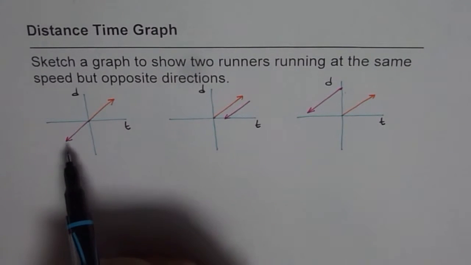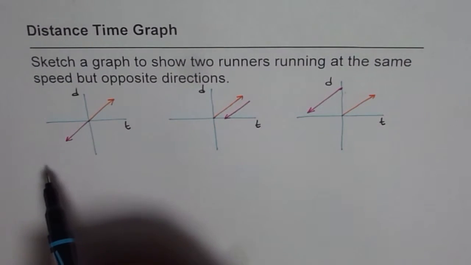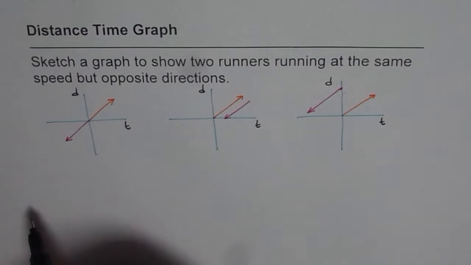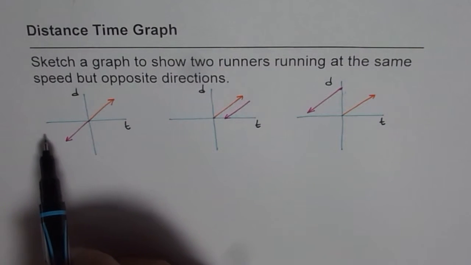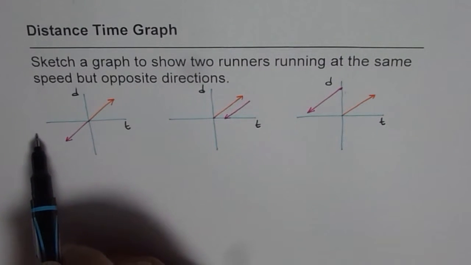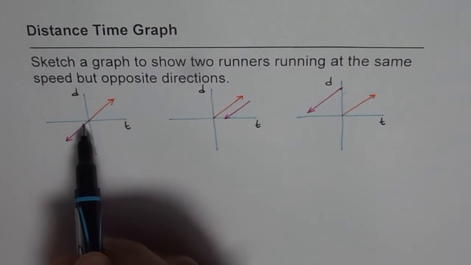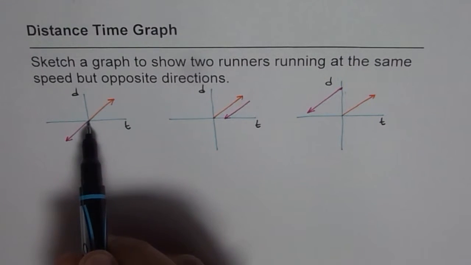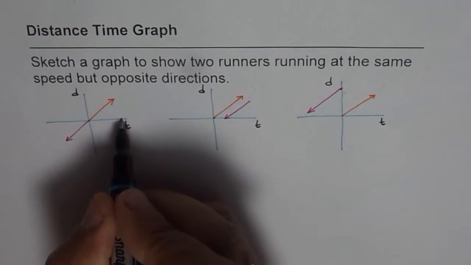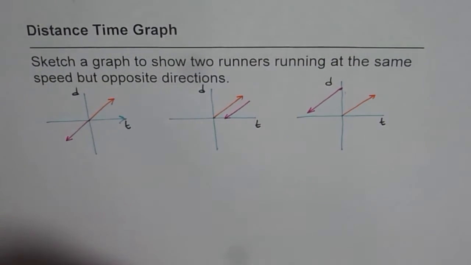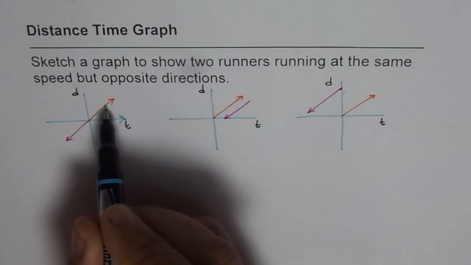Well, if I don't really show the arrows and just draw the graph, then it really means whenever you look at the graph, you have to see it from left to right. It actually means that the person is running in the same direction because the time goes positive in this direction, right? Is running in the same direction with same speed.